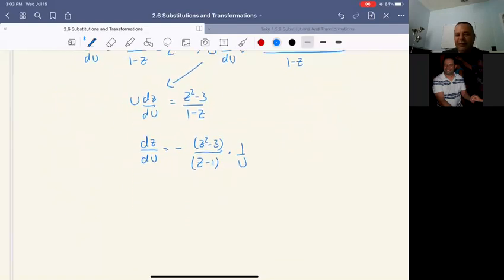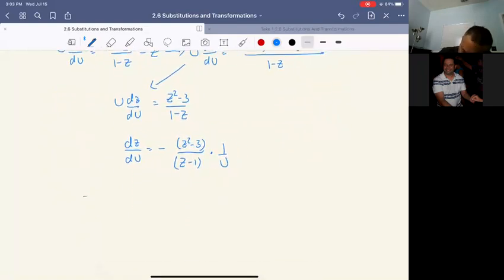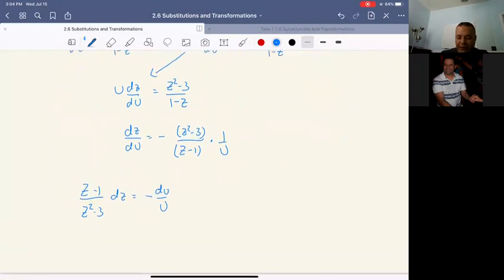Okay, so now this is a separable equation. z minus 1 over z squared minus 3 dz equals negative du over u. Okay, and now it just becomes a matter of how good am I at integrating.